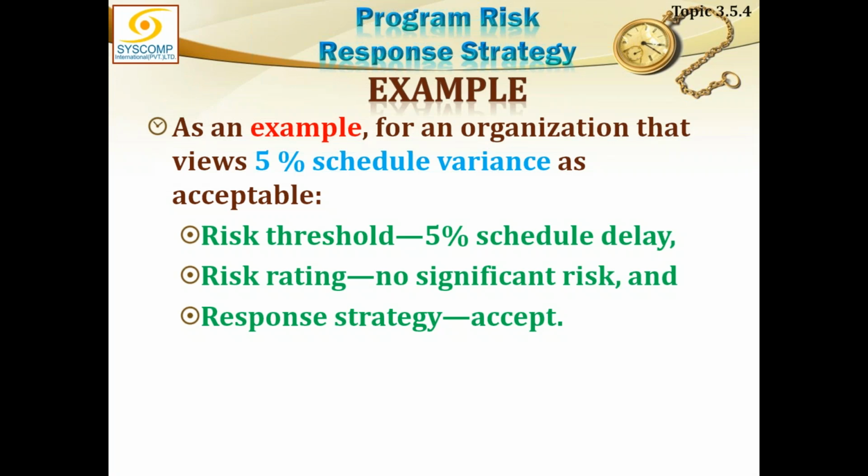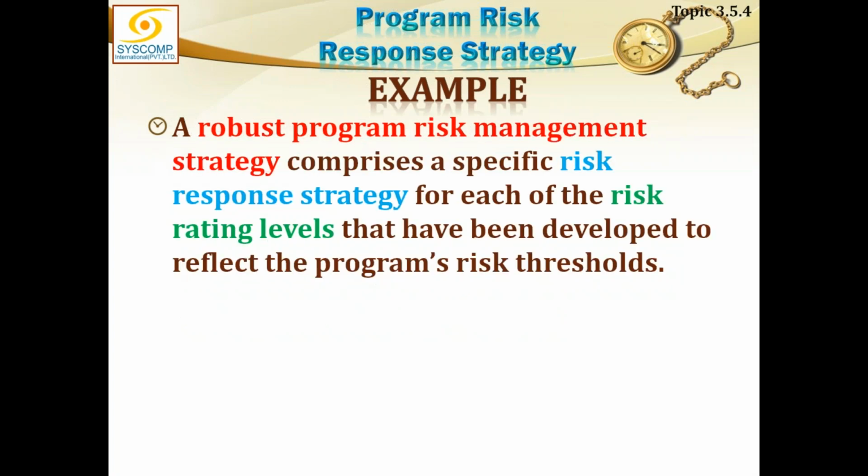So this is one example of that. Then risk rating, no significant risk. There is no significant risk, but still you have to find the flaw and correct it. And lastly, your risk rating and your response strategy. A robust program risk management strategy comprises a specific risk response strategy for each of the risk rating levels.